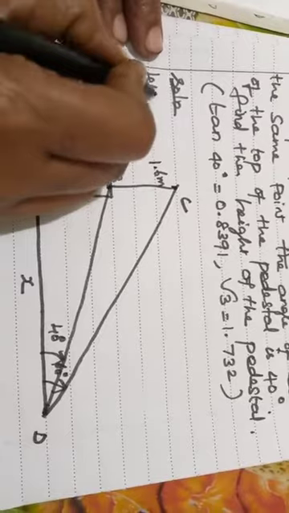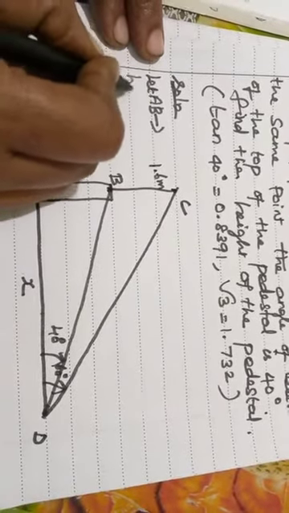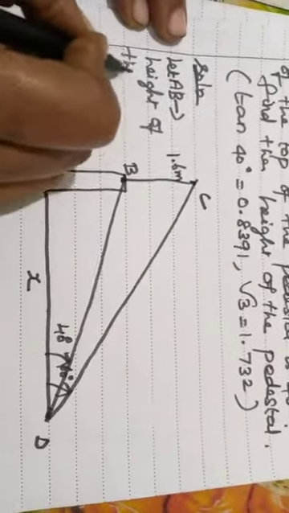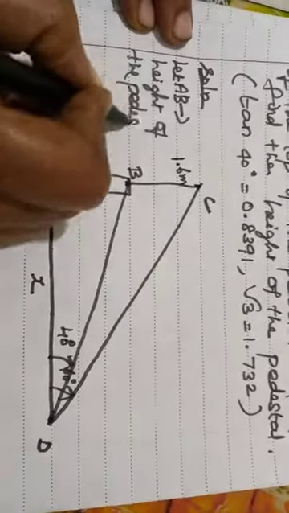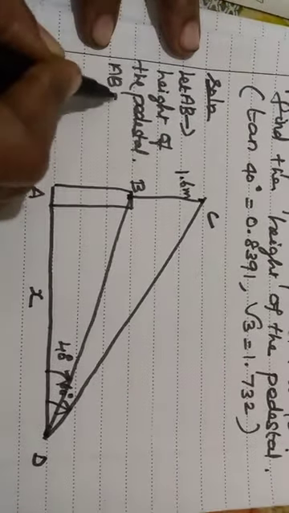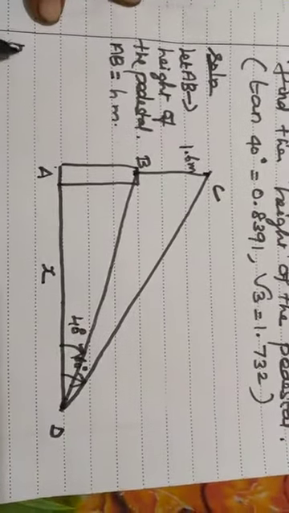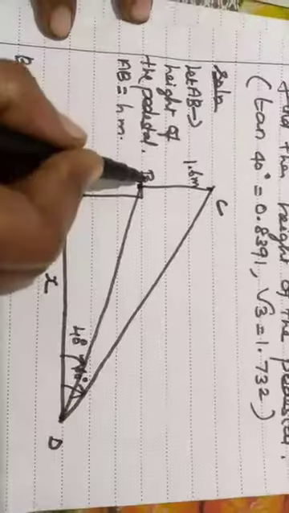Let AB be the height of the pedestal. That is AB equal to, this AB only we have to find out, h meter. Then BC is the statue.